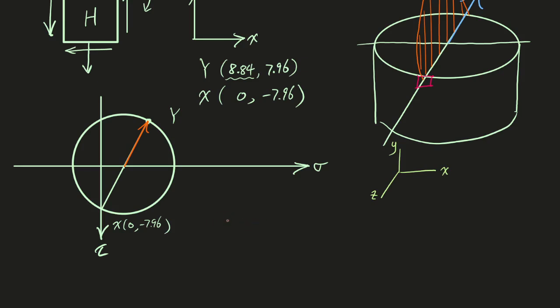And that vector over here in orange will have an x component of exactly half of Y, because sigma average over there is just the average between 0 and 8.84, which happened to be 4.42, comma 0. That's a point.